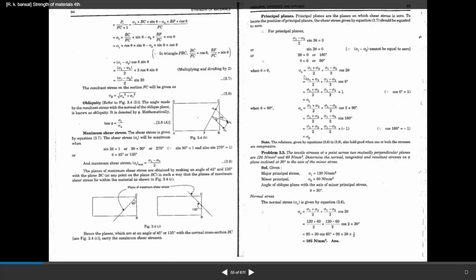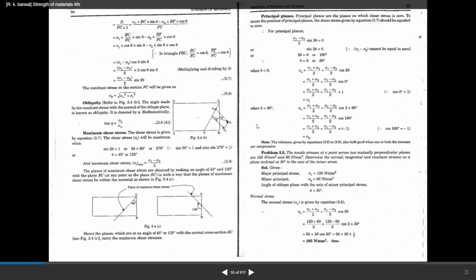When theta equal to 0, sigma n equal to sigma 1 plus sigma 2 by 2 plus sigma 1 minus sigma 2 by 2 cos 2 theta, cos 0 degrees is 1. Finally, we get the value sigma 1.